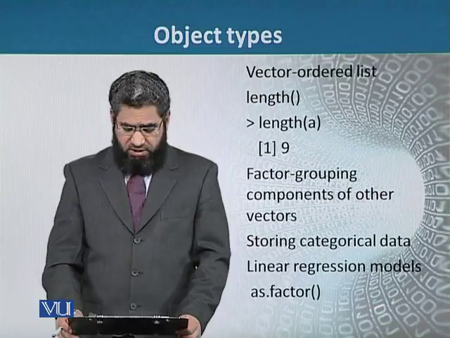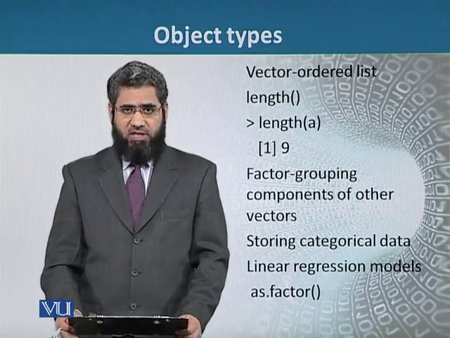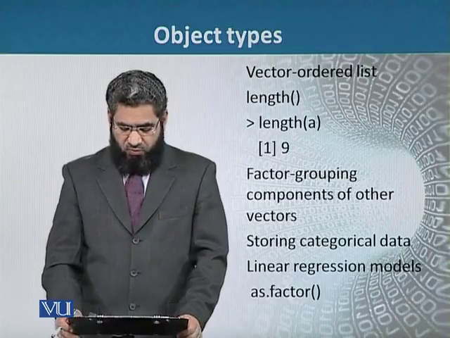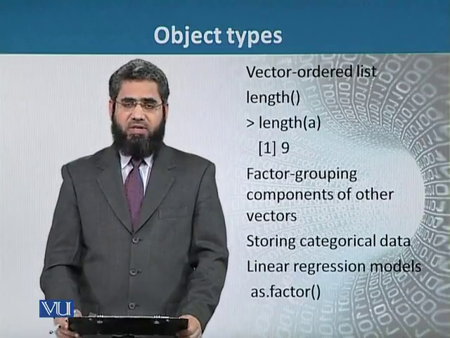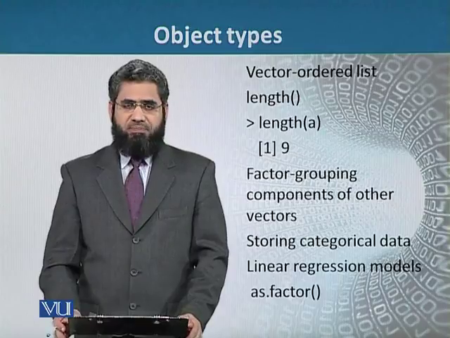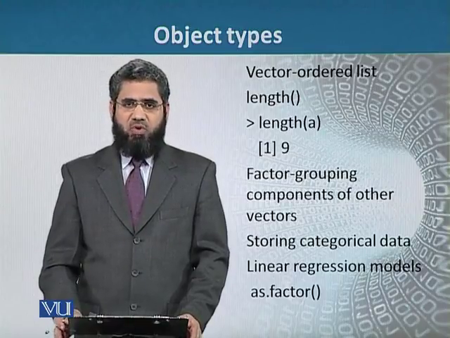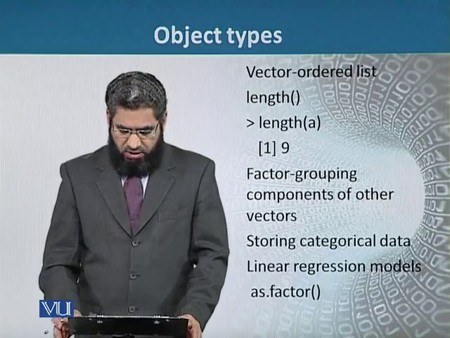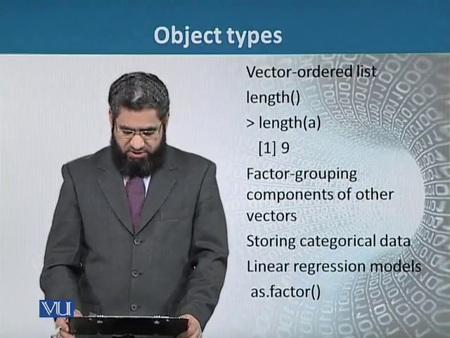Another object is known as the factor. A factor is also a type of vector that is used for grouping components of other vectors. So we can use the factor function and regroup different components of various vectors.